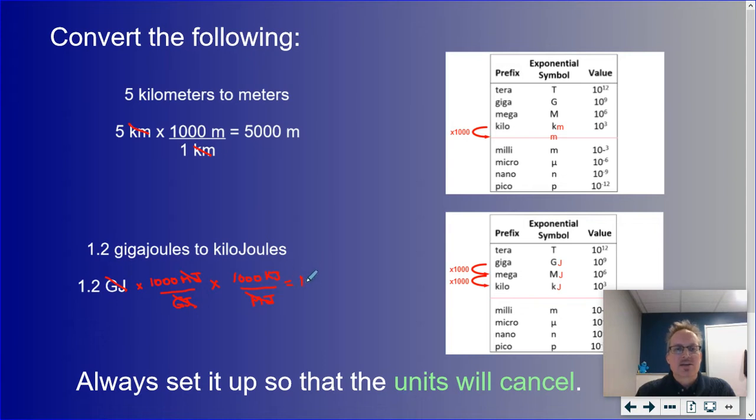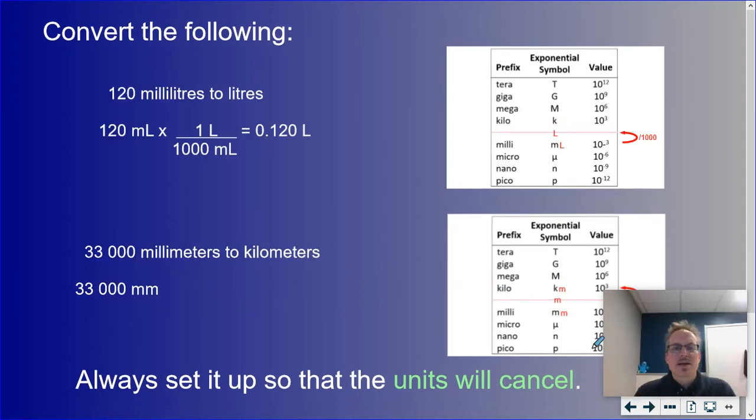And we're going to get 1,200,000 kilojoules, because again, if we look, all the units are canceled out except kilojoules. And I want it to be that easy.